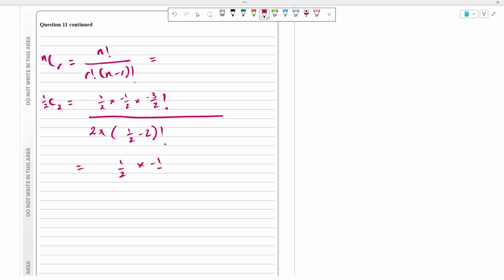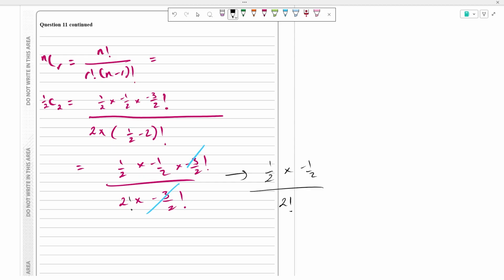A half times negative half divided by 2, like so. And you can see that this part essentially cancels out. And what we're left with is the following. A half times negative half over 2 factorial, which is just 2. But I'm going to leave it like this for now.